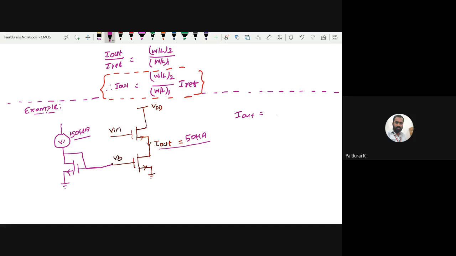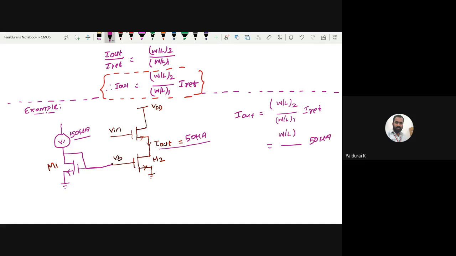I out equals, we know, width to length ratio of, take this is M1, this is M2, so width to length ratio of second transistor to width to length ratio of first transistor times I reference, where my I reference is 50 microampere. I want to generate 50 microampere.